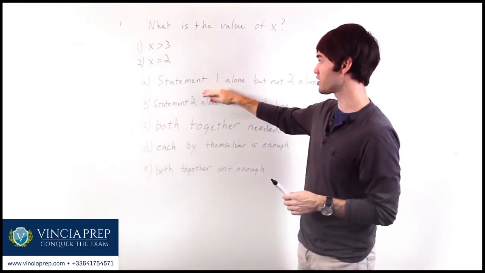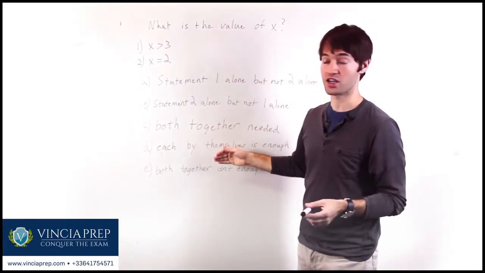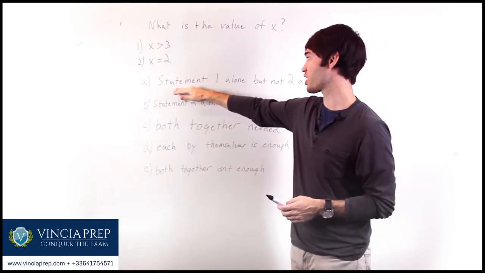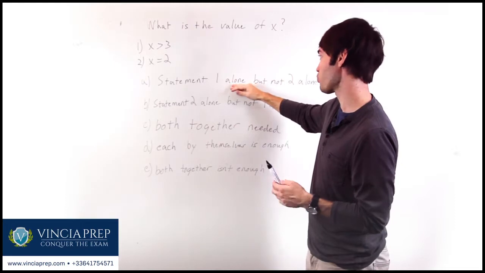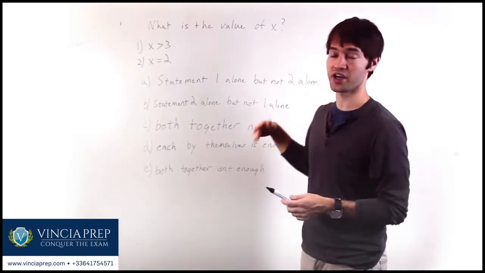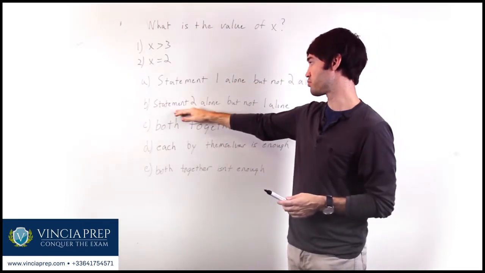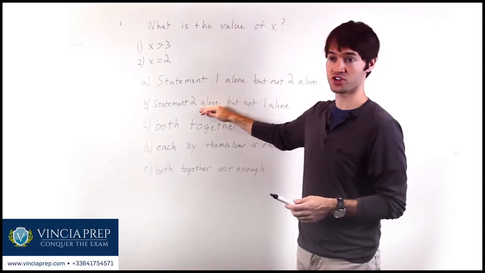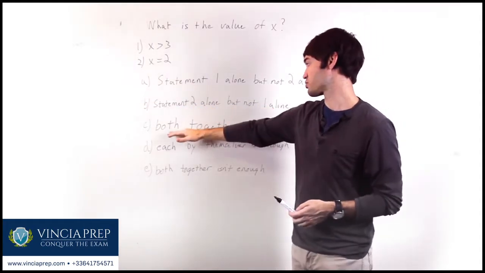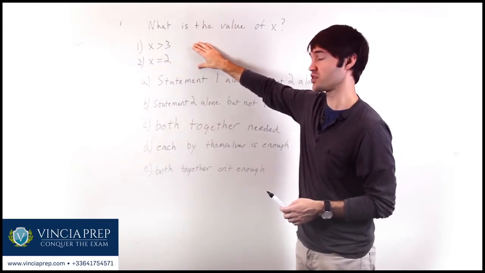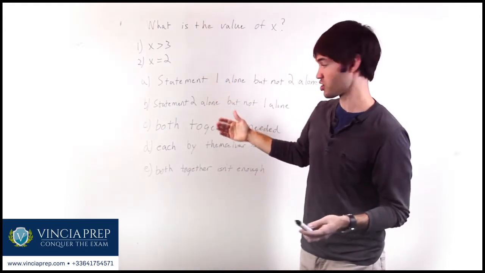Then we need to know what the answer choices state. So answer A says that statement 1 by itself is sufficient, but not 2 by itself. B says statement 2 alone is sufficient, but not statement 1 by itself. Answer C says that we need both statements to be able to answer the question.